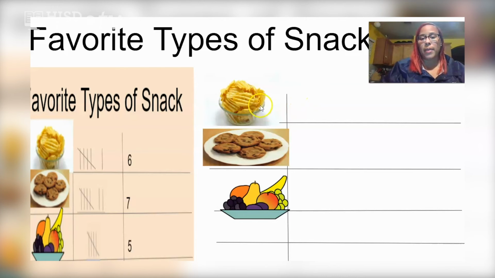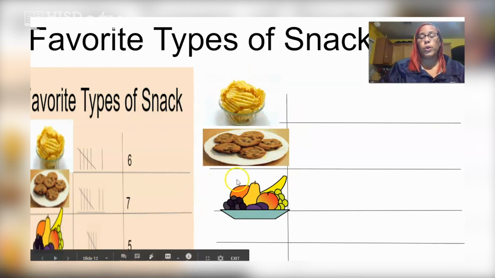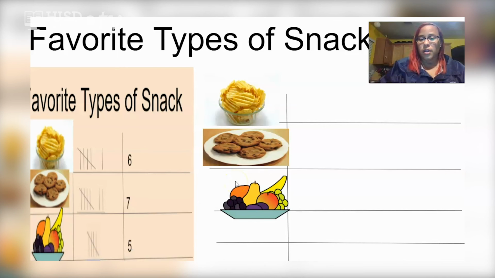So here on my pictograph, you see I have my chips, cookies, and fruit to represent my choices. Now I know on a picture graph, I'm going to use pictures or symbols to represent the data. So I remember if it's a picture graph, I'm going to need a key. The key is going to tell me what each picture represents.